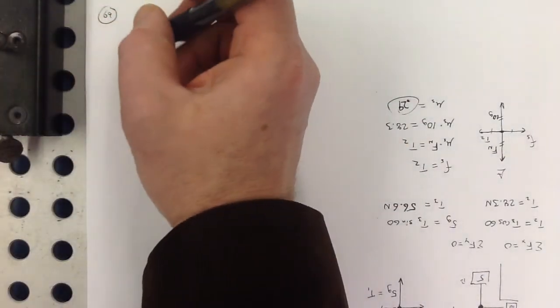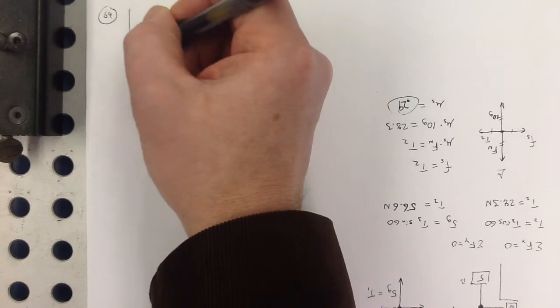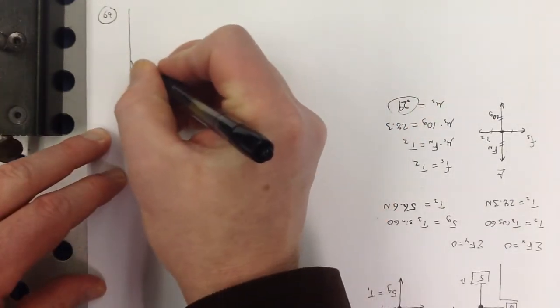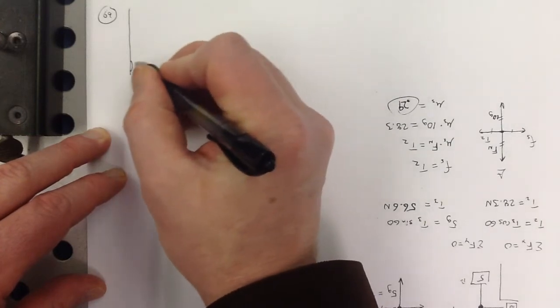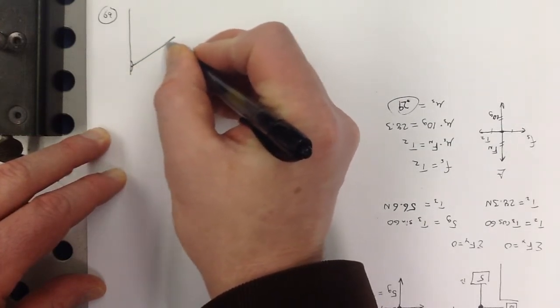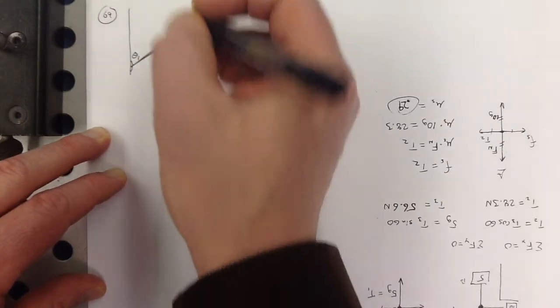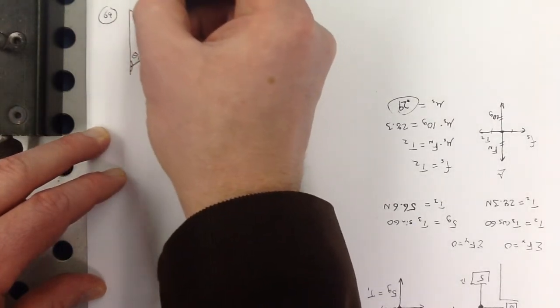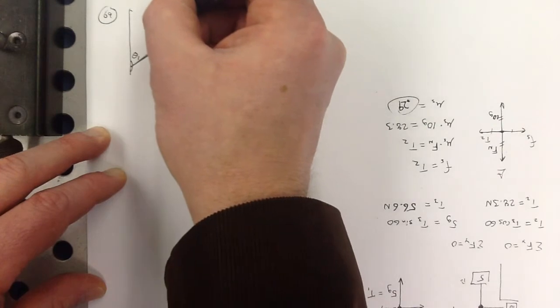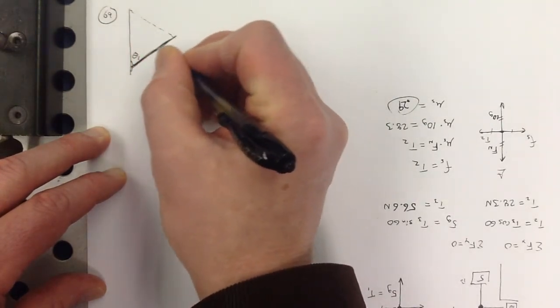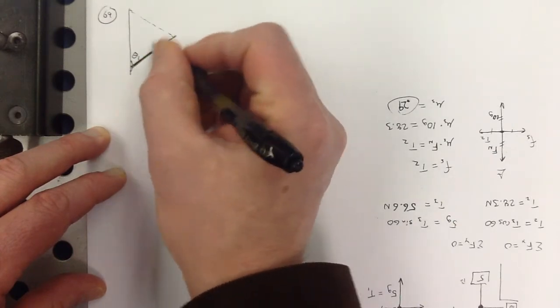Number 69, we've got the wall with hinged rod kind of situation here. So here's the rod, here's theta 1, and then there's a rope here. We can tell the difference between the rope and the rod, because the rope couldn't be here and the rod couldn't be there.